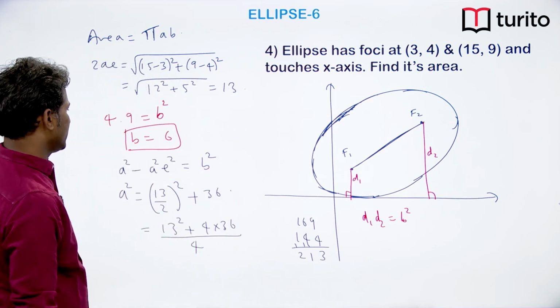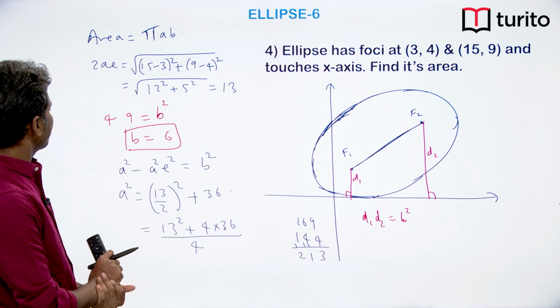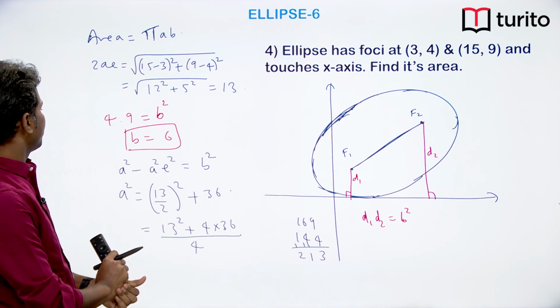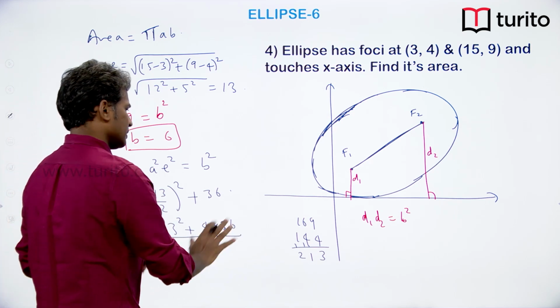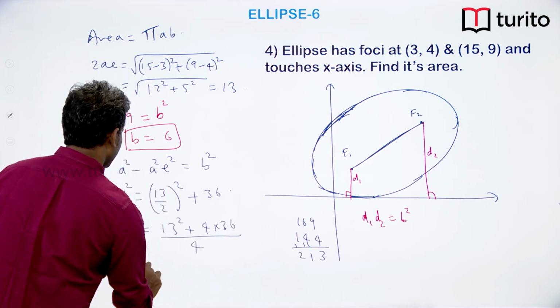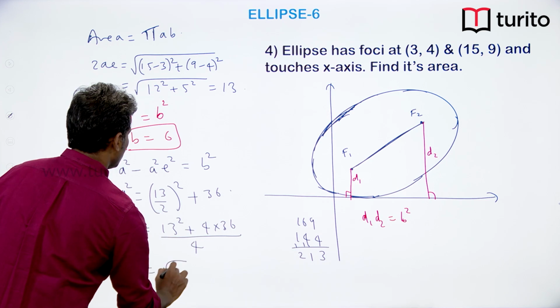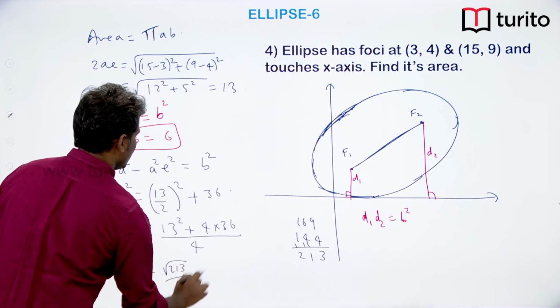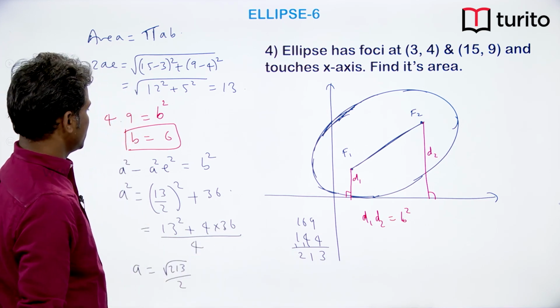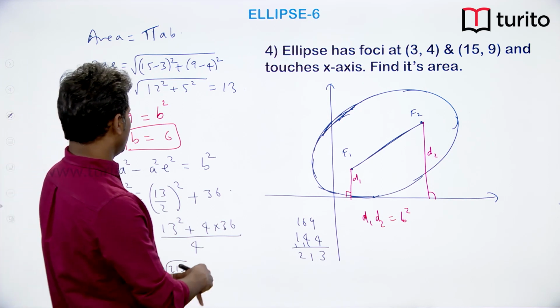Okay, so are we making any mistake here? So we are getting a as root of 213 by 2. I hope we have not made any mistake here.